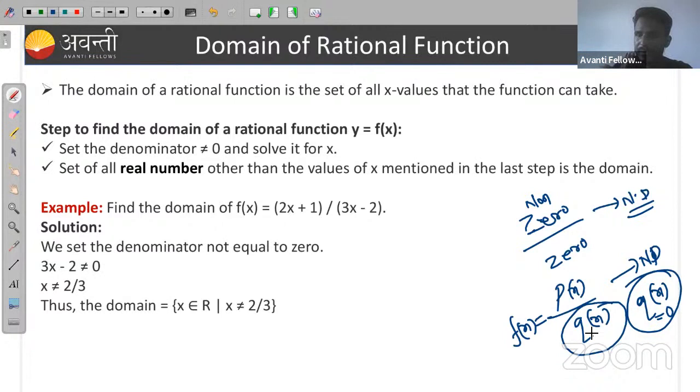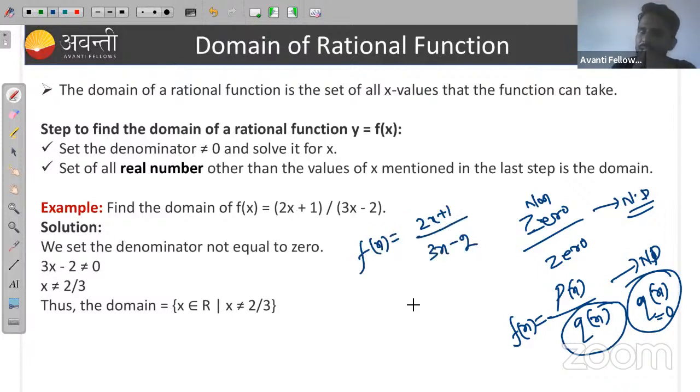So that means in order to find the domain of a rational function, we have to delete those values of x for which the denominator, that is q of x, is 0. For example, let's say our function f of x is 2x plus 1 divided by 3x minus 2.